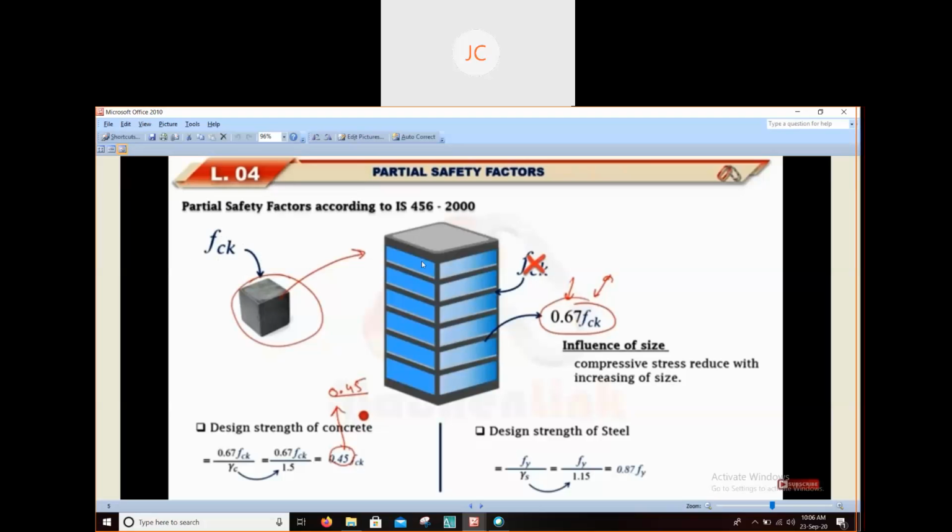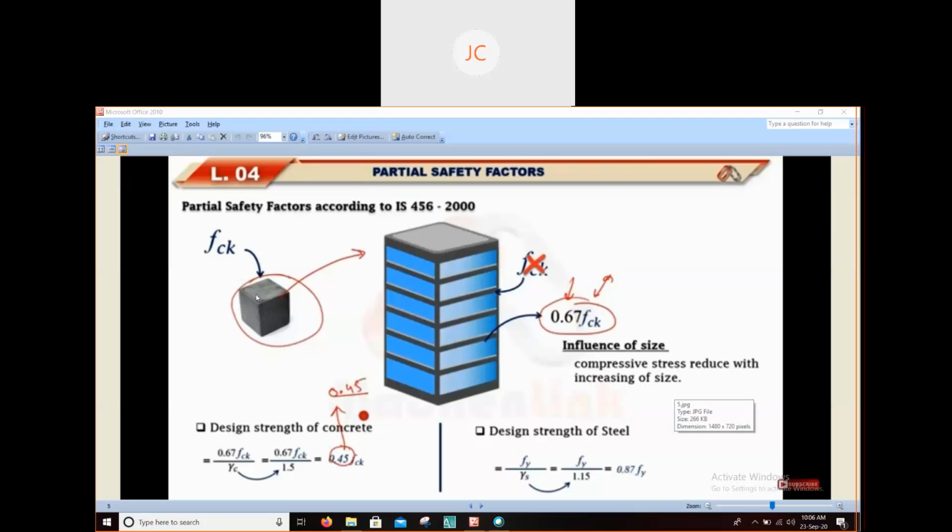But in actual practice, we will not use directly FCK equal to 20, because we can't use that directly. So how to use that? You can see first here this figure, influence of size. Compressive strength reduces with the increase in size.